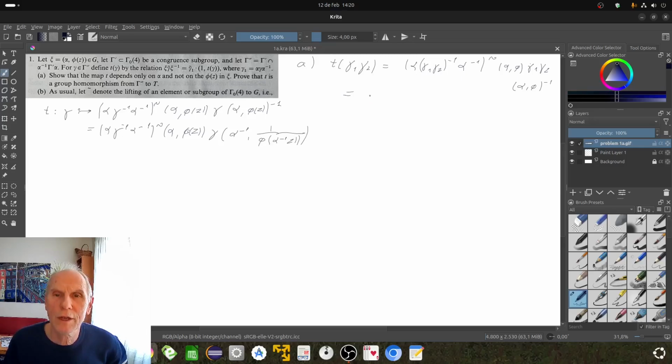Next, it's a group homomorphism. And this is alpha 2 to minus first, and then we insert an alpha here, gamma 1 minus first.